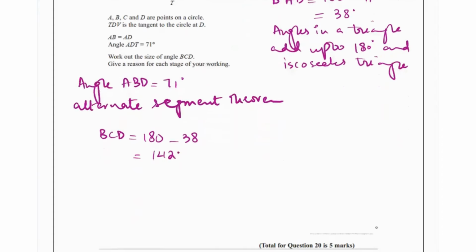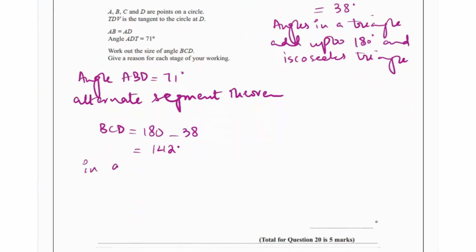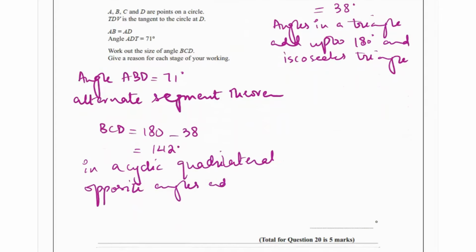And the reason for that is in a cyclic quadrilateral, opposite angles add up to 180 degrees.